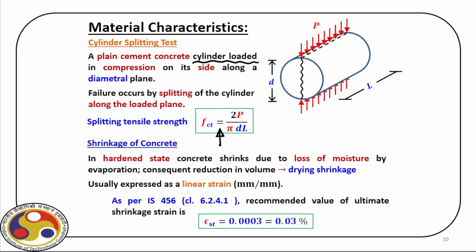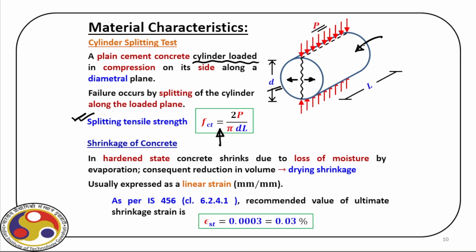Here what we do is cast that cylinder, and then along the height of the cylinder, as you can see, this load is applied uniformly, and a reaction is developed at the bottom, and then it will develop a force in the orthogonal direction, and that causes a split at the middle along the diameter, right? So we can again find out the split tensile strength, and from that we can also find out the property of the concrete used.